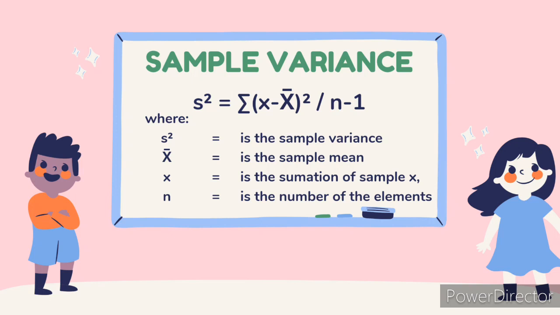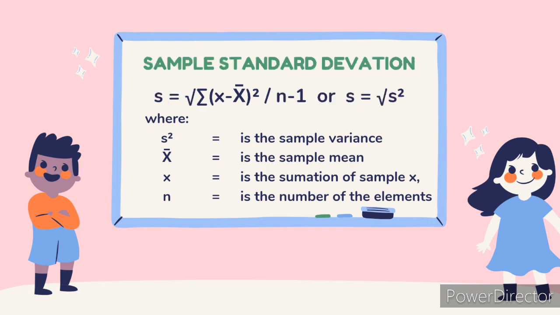And for sample variance, we use the symbol s square to represent the sample variance. Sample variance is equals to the summation of sample x less than the sample mean quantity square over the number of elements less than 1. Just like in population standard deviation, we just need to get the square root of the sample variance.